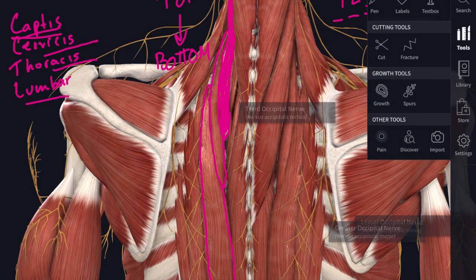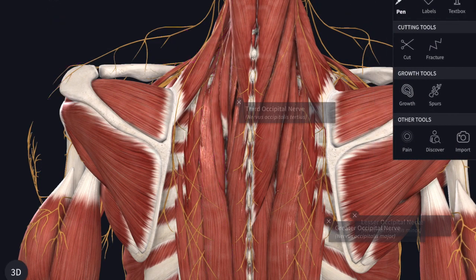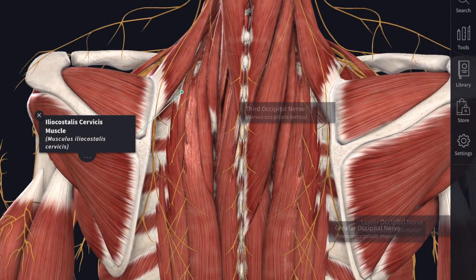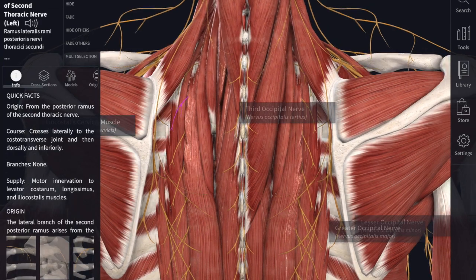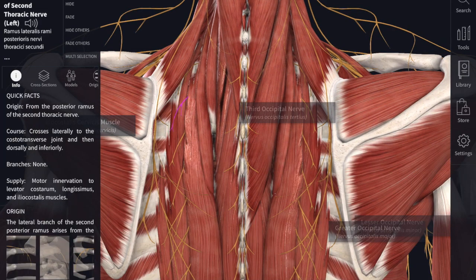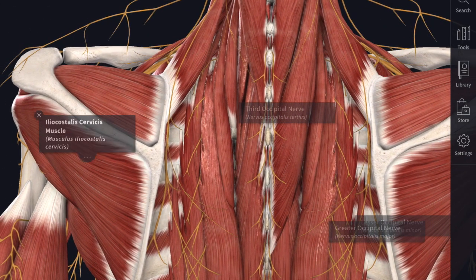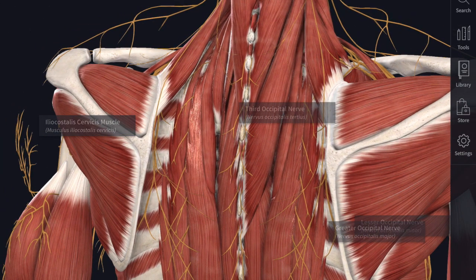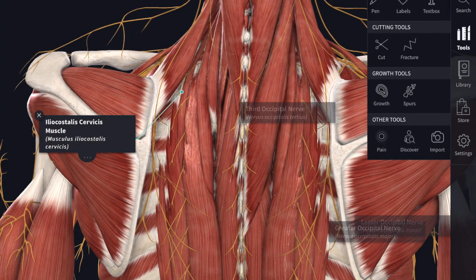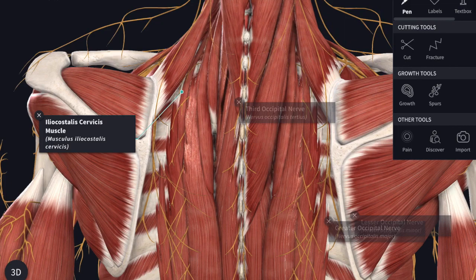So one good thing to know, to help you avoid being confused by what is being labeled: if you see a long muscle at the very end, and you see it's really lateral, because you can see right here, this is what I've pointed at on the diagram.